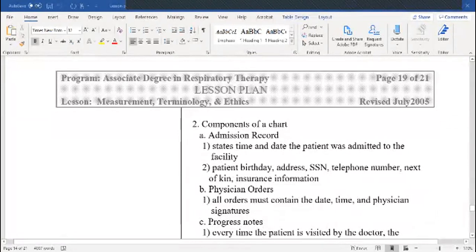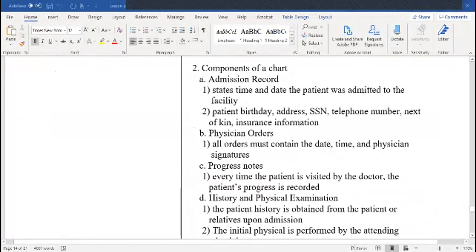Now, the components of the chart, where this is going to help you understand where you would find certain things in the chart. Now, the chart is based off, and of course, it's electronic now, but even in the electronic MAR or the EMR, electronic medical record, it has an admission record, which tells the date and the time that you were admitted to the facility, right?